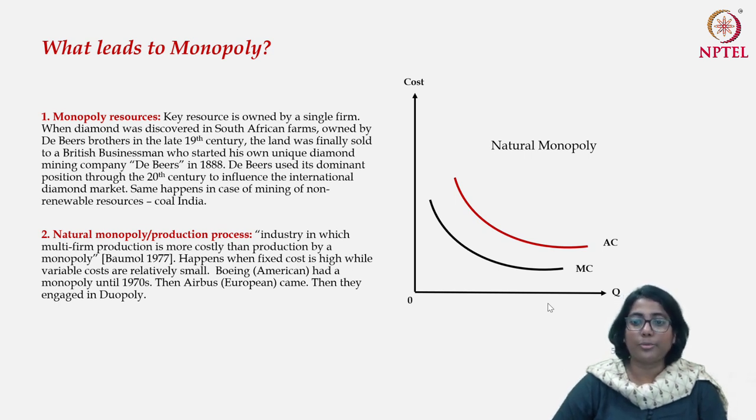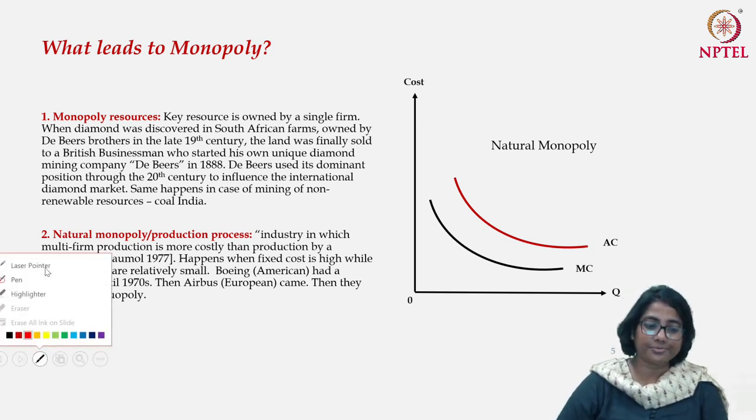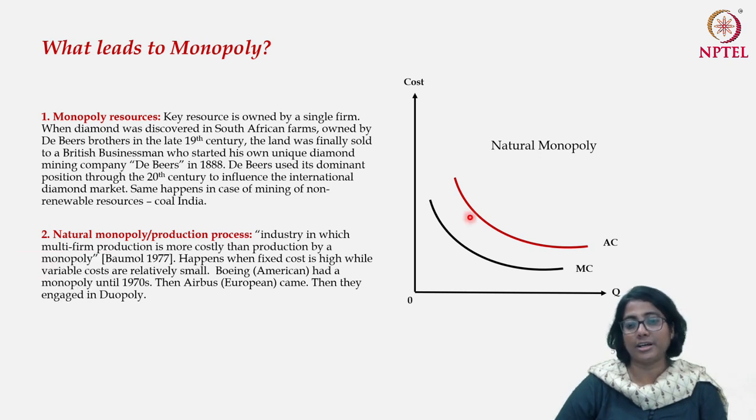Why is it called natural monopoly? Because if you look at the curves here, as you keep on increasing the production, your cost will decline forever. So you have no incentive to stop your production. Whereas a new entrant, a new firm, will have to start from a high price. So as you keep on increasing your production, your cost falls.